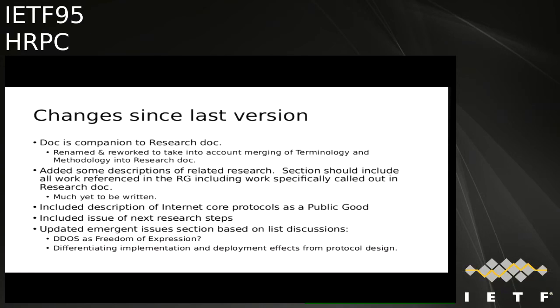Now, one of the things that I'm trying to do is in the research doc, they did a very proper listing and going through of all the research and saying we use this and it said that. What I would like to try and do in this draft is sort of expand those descriptions of the research so the people that aren't going to go back and do the literature search and read all the articles have more of a synopsis as opposed to the one sentence that's being used to say the document says this.